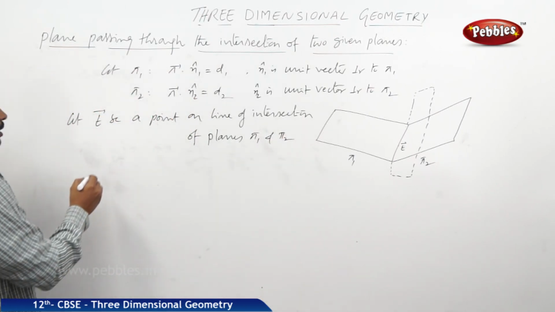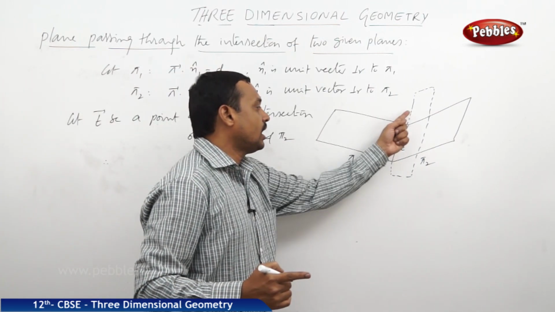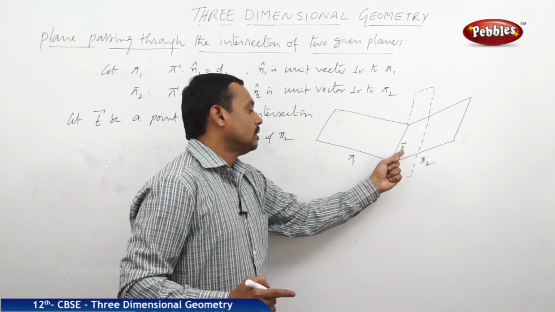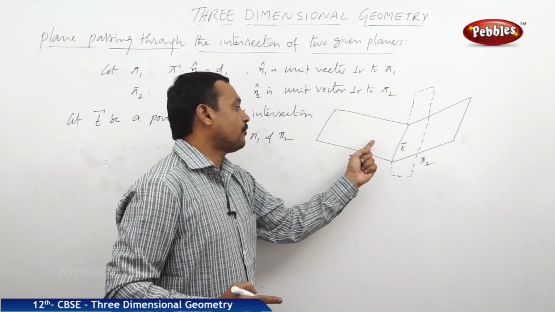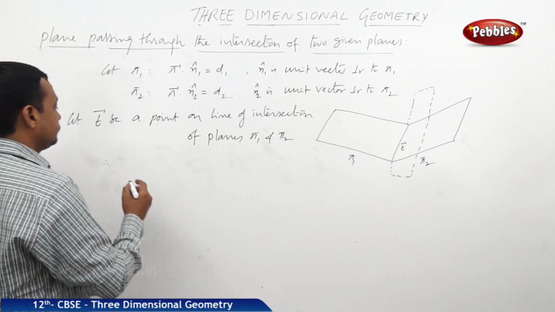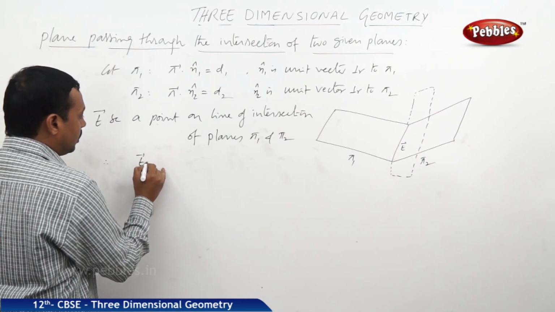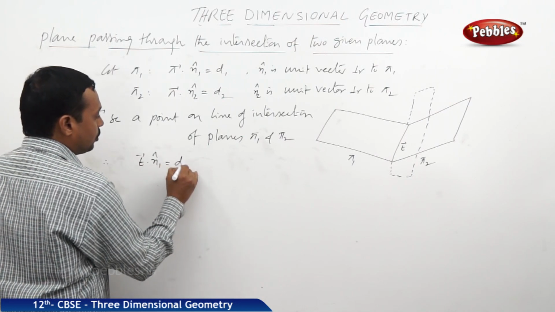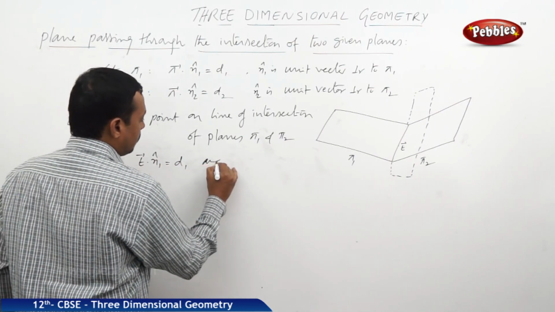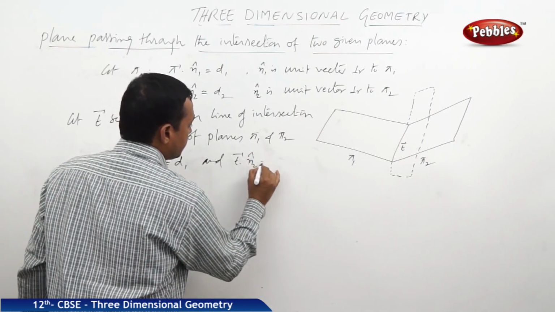Therefore, since t is on the line of intersection, it lies on the first plane pi 1 as well as on the second plane pi 2. Therefore, t vector dot n1 cap is equal to d1 and t vector dot n2 cap is equal to d2.